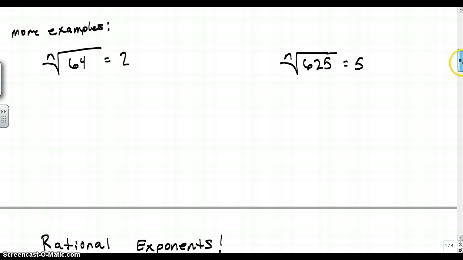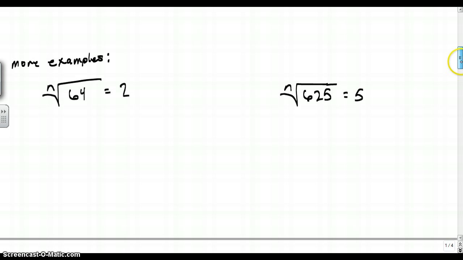We have 2 more examples. Doing the same thing, I know that this is 2 to the nth power equals 64. So 2 times itself, how many times will give me 64? So 2 times 2 is 4. 2 squared is 4. Times 2 again will be 2 cubed. That's 8.